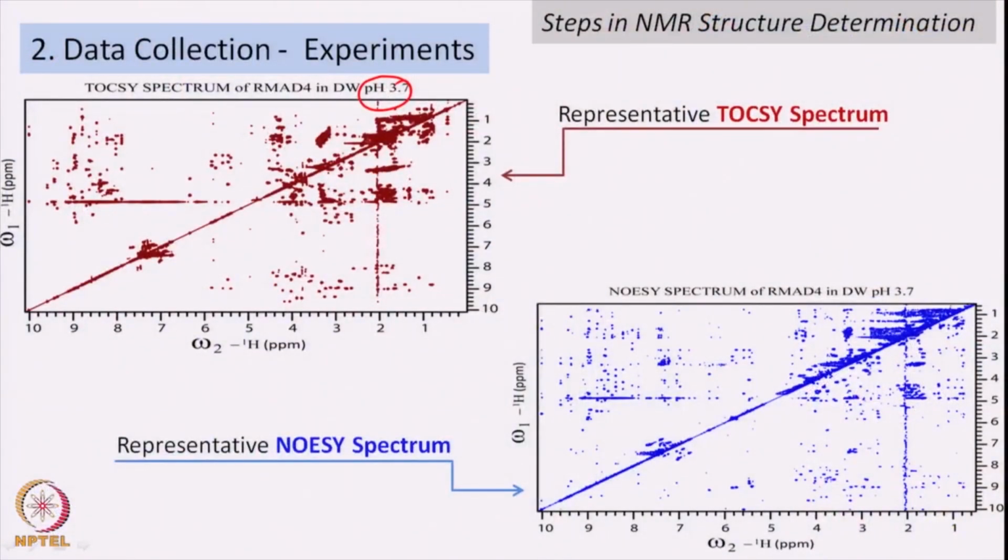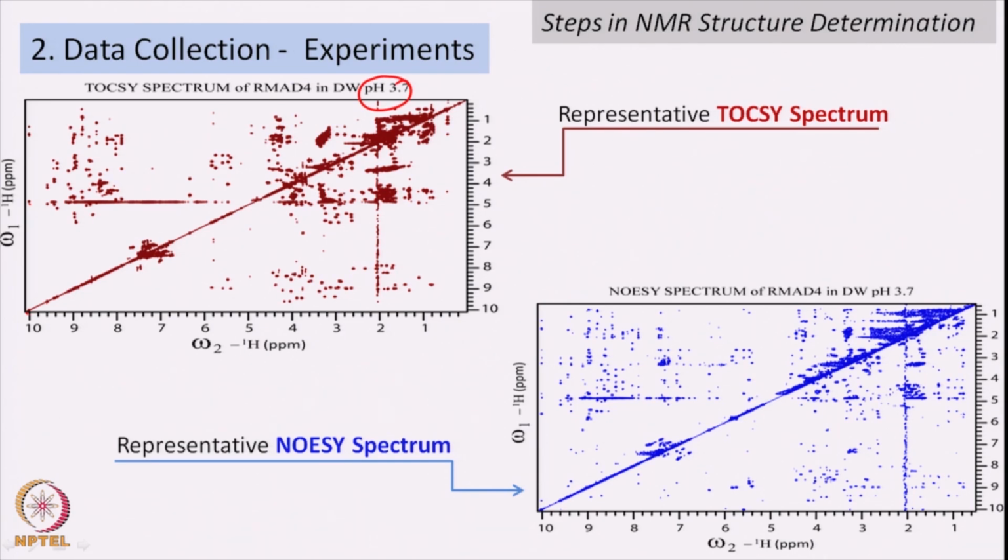One can see here we are getting lots of correlations, coming from HN to H alpha to H beta to H gamma, and that is the representative TOCSY spectrum. Then you record a NOESY spectrum and you get many more peaks. Each of these dots is a correlation.